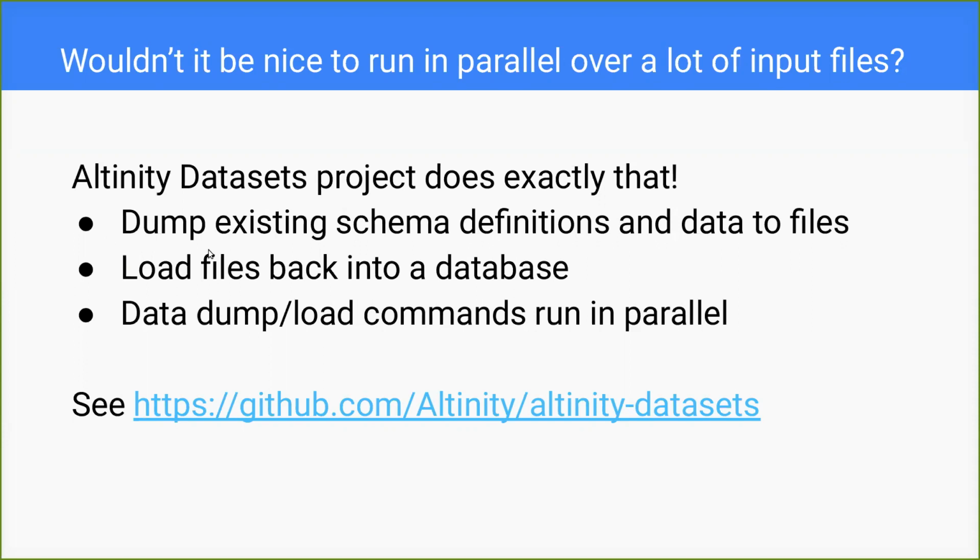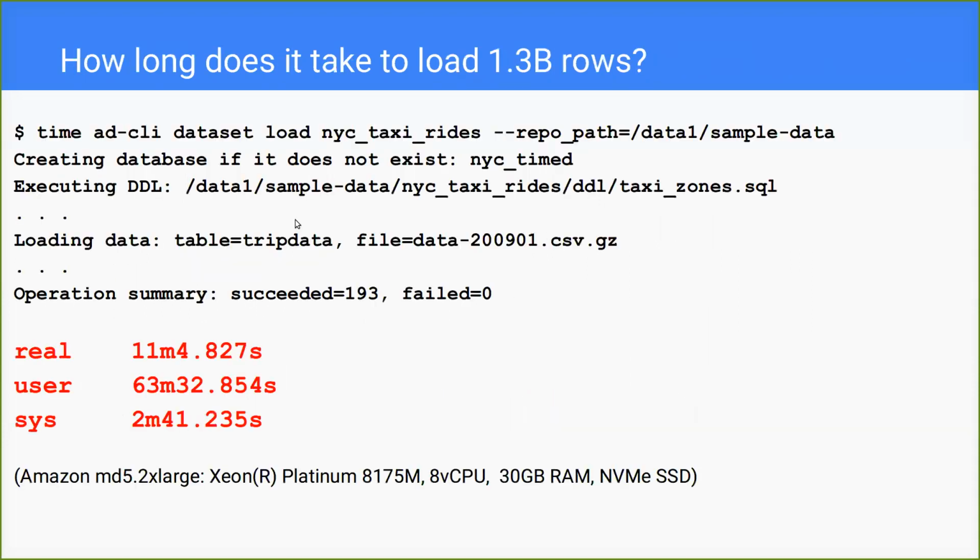The project GitHub is shown here, but this is something you can try out to see how to run in parallel. And when we do that, this gives us a nice answer for how quickly we can load a billion row data set. In this case, it's about 1.3 billion rows. ADCLI is the name of this tool. It's Python. It has some simple parameters that tell us where to get the data set from.